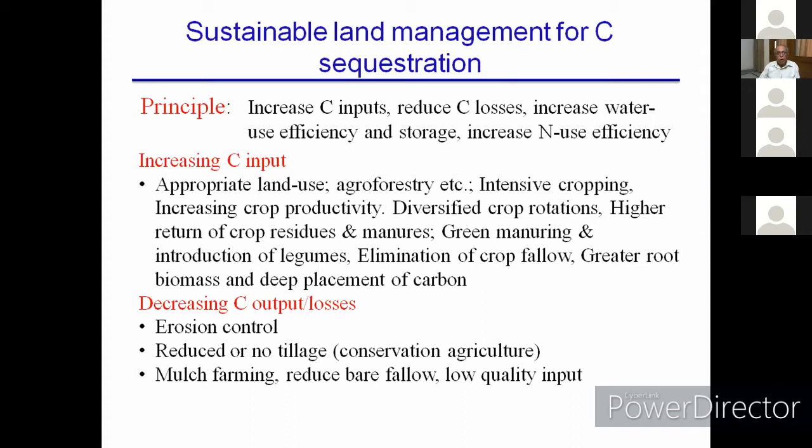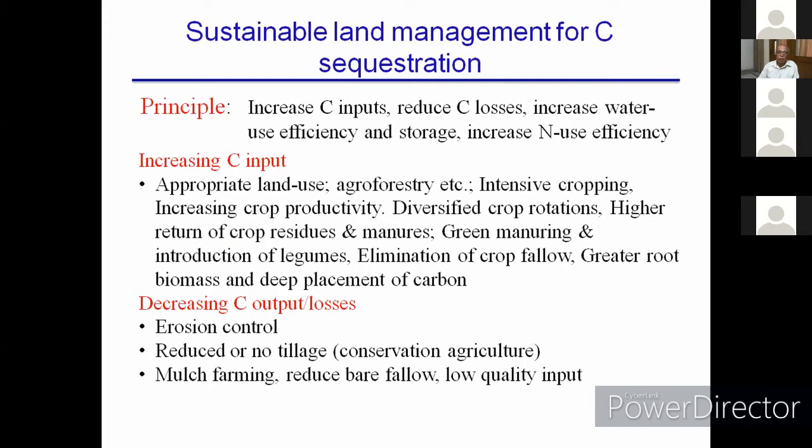And how much can we really introduce legumes in a cropping system where it's practical, or go for green manuring, organic manuring, where it is possible. In India, not everywhere is it possible. How can we eliminate crop fallows? It's not very common in our country because we already have very limited land. But where it's possible, we eliminate fallows.